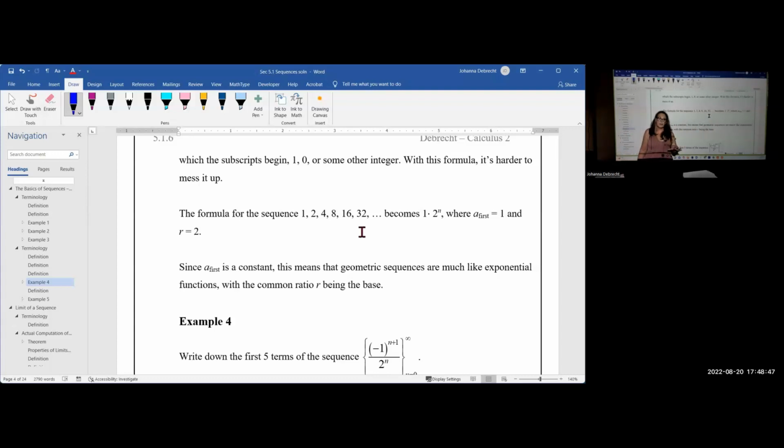Now, we know with exponential functions that we put restrictions on the base. Namely, the base has to be strictly positive and cannot be 1. Do we have the same sorts of restrictions with sequences? For a function, b has to be greater than 0 and not 1. Why not 1? Because it's boring. Anything to the first power is that number.